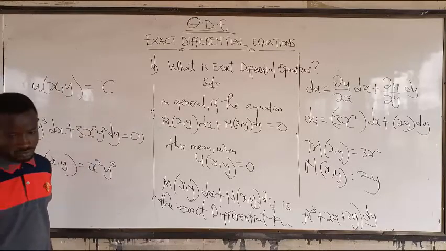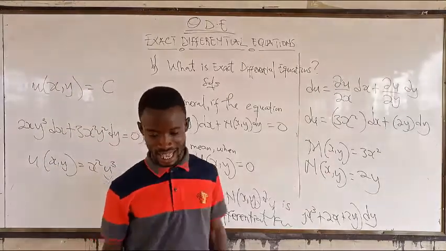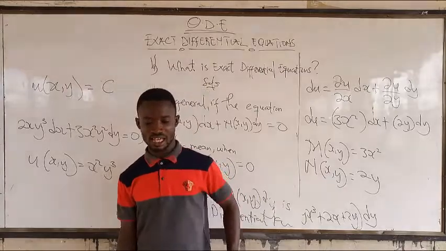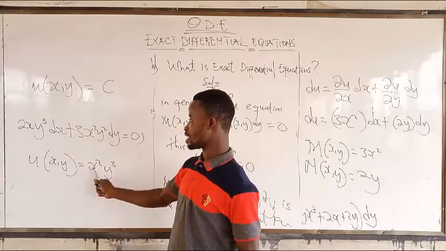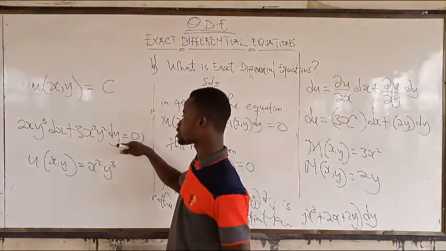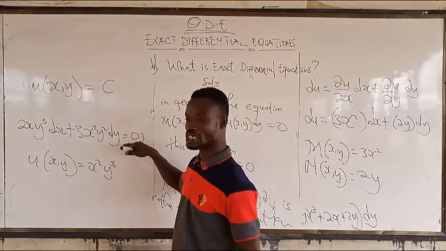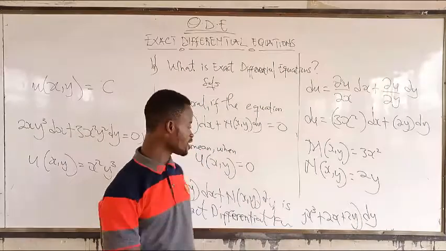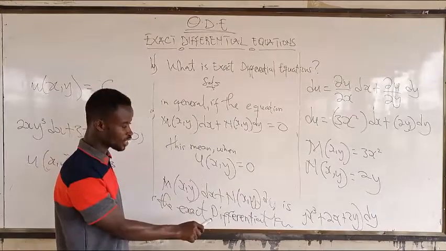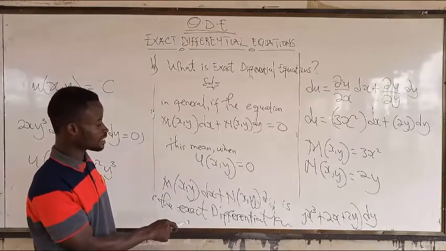And when that happens, then we are saying that this is a total differential of this function. All right. But when we equate it to 0, like what we're having here, then we say that is an exact differential equation.